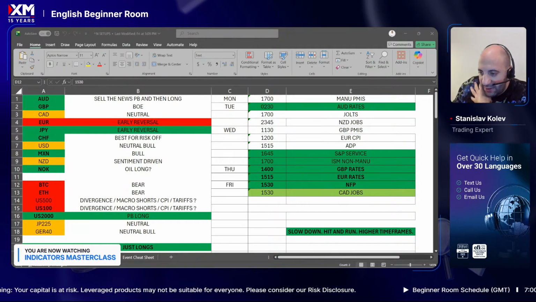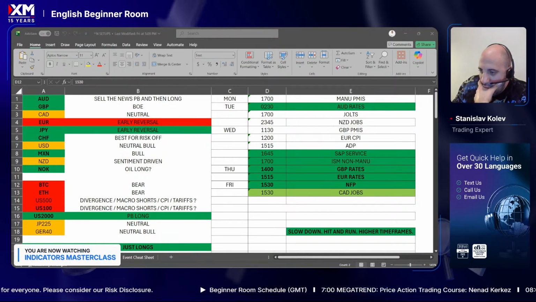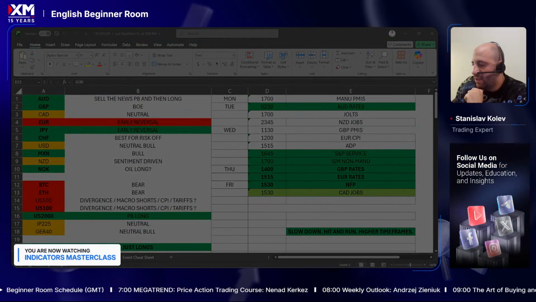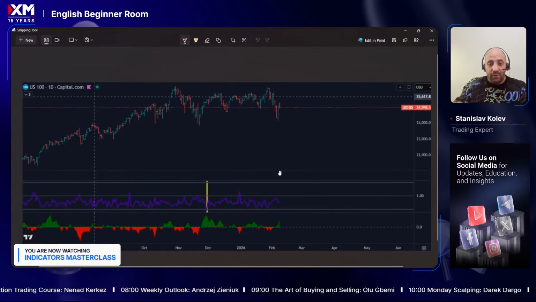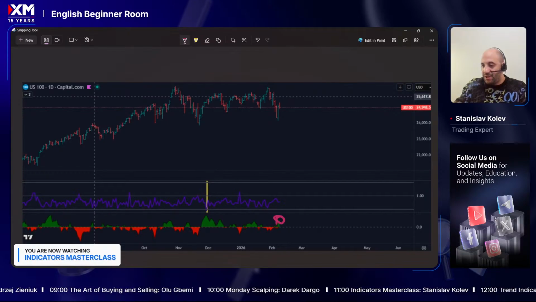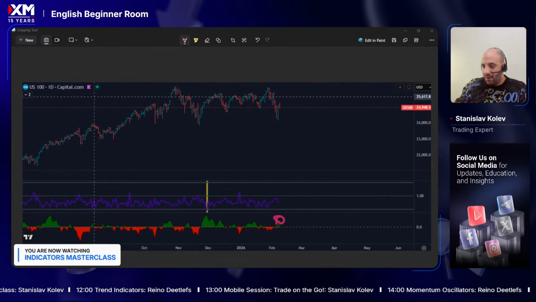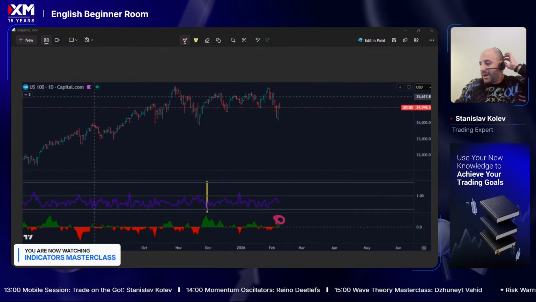That's actually pretty wild. We actually have a significantly bullish indicator here, which is the McClellan, right?